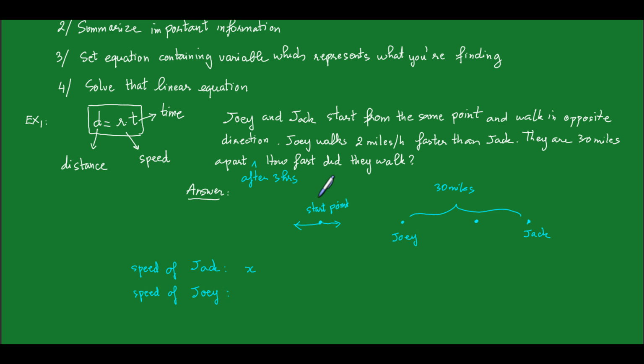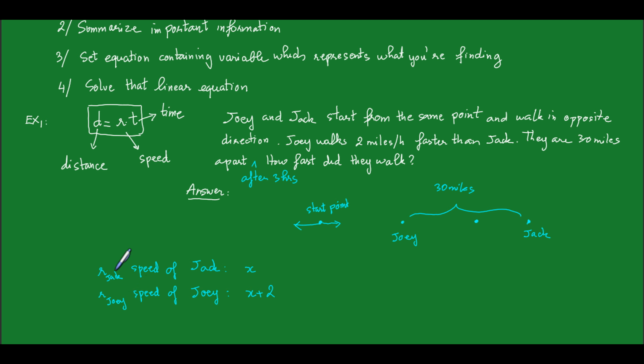Because Joe walked 2 miles per hour faster, and this is the speed of Jack, we need x plus 2, right? Because it's more. 2 miles per hour faster, then of course you have to add 2. Actually, this is R of Jack. So I can put over here R Jack, and this is R Joy. So we got R of Jack and R of Joy.